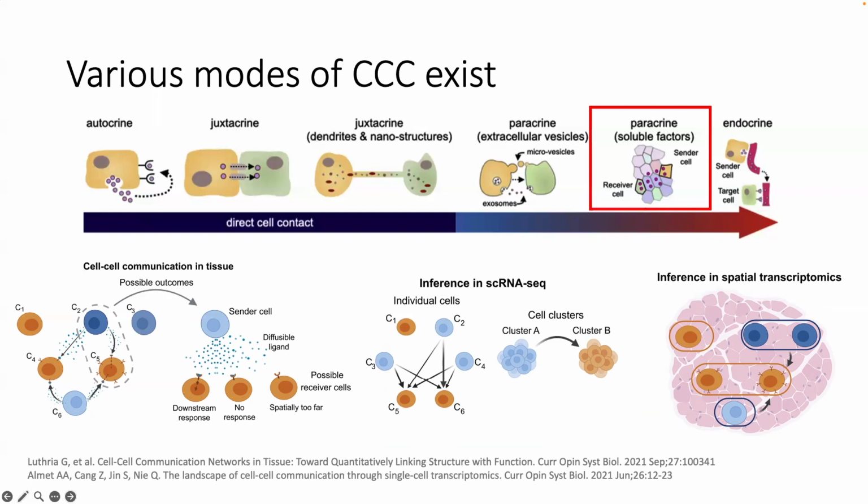We have all the cells, either from single-cell transcriptomics data or from spatial transcriptomics data. We want to infer which type of sender cells are sending which type of messages to receiver cells. In some cases, we really want to study cell-cell communication between individual cells.